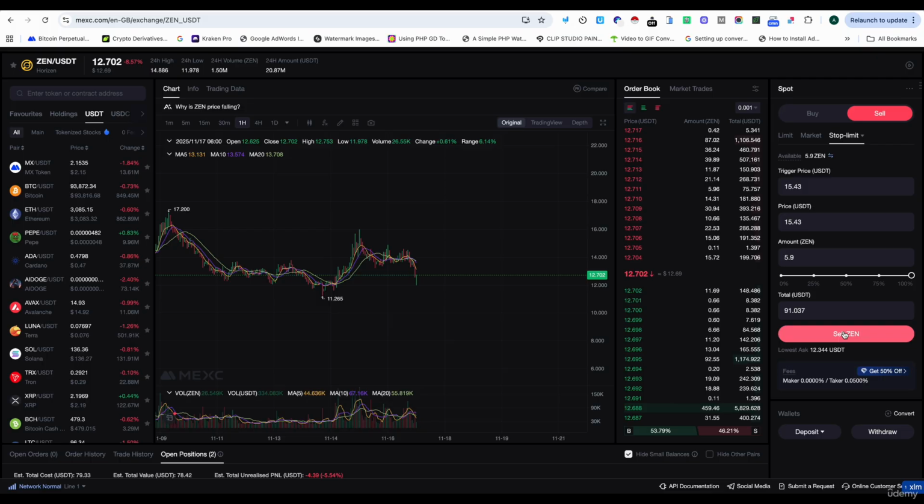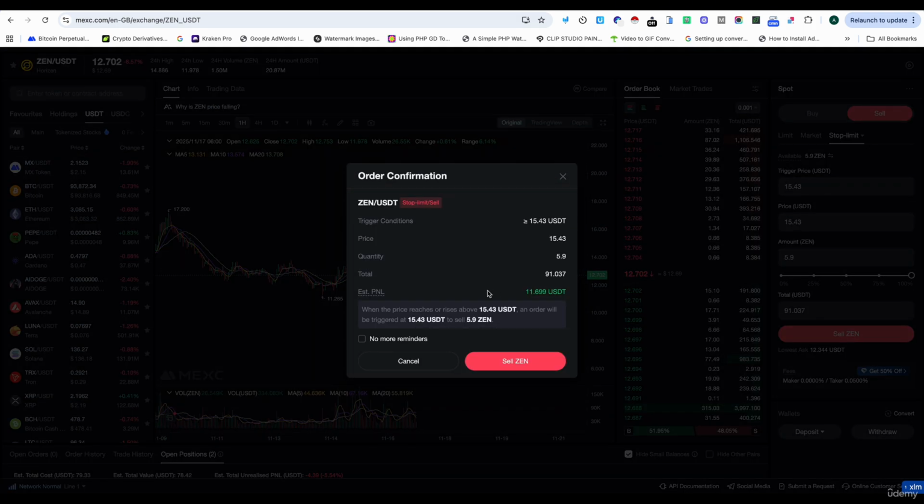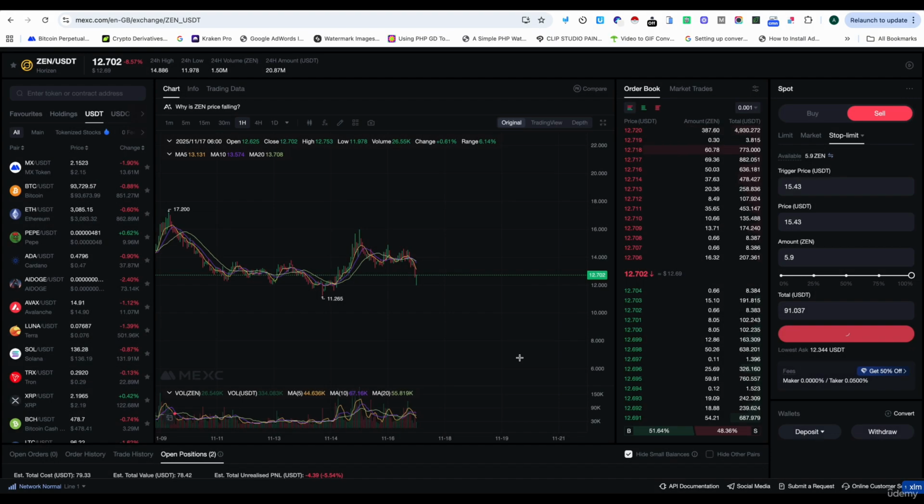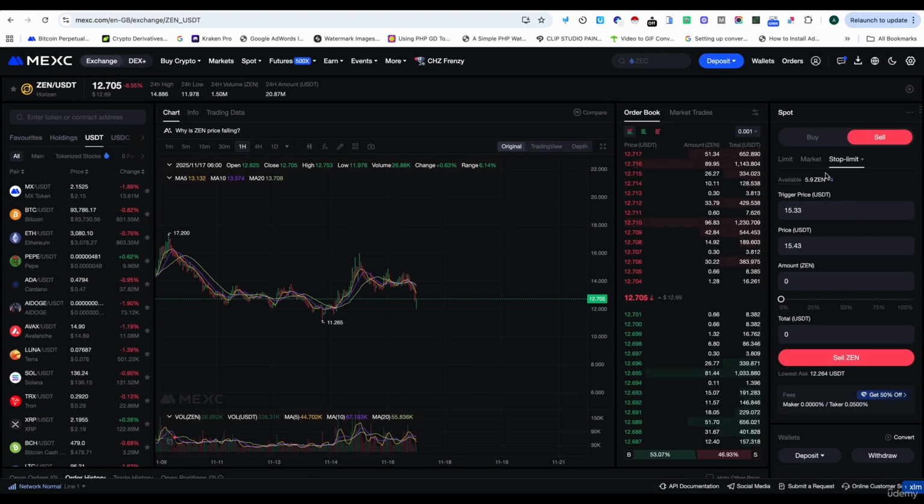For both the trigger price and the limit price, you can enter 15.43 and set the amount to 100% of your ZEN holdings. If you want to reduce the chance of paying taker fees, you can also enter a trigger price slightly lower, such as 15.33, and a limit price of 15.43.